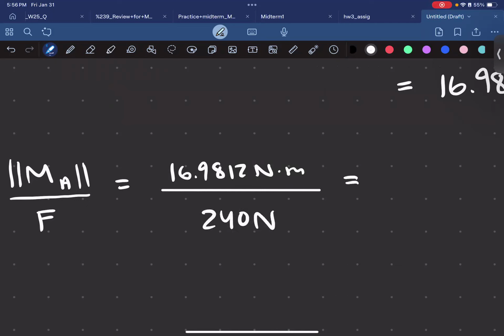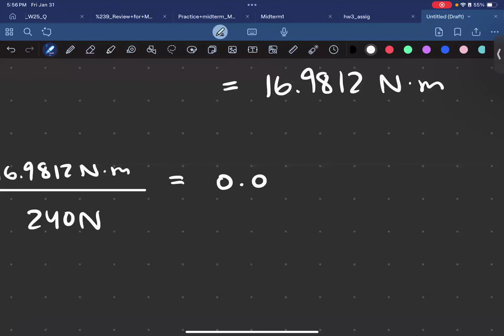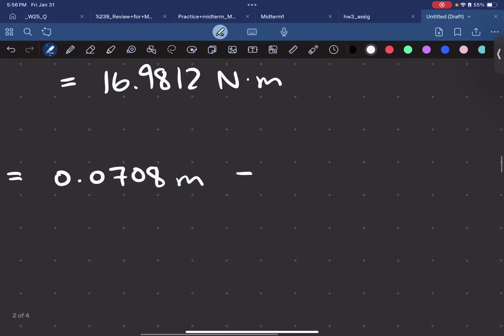And that, when you plug into your calculator, will be equal to 0.0708 meters. And if you want to change it back into millimeters, you can move the decimal place over to the right 3 times. So you have 70.8 millimeters. And that is the final answer.